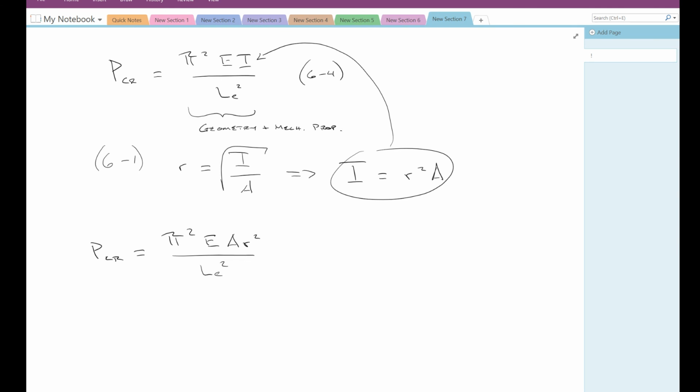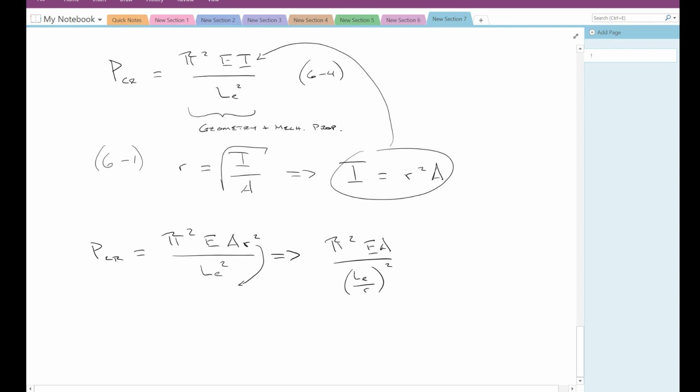So if I rewrite this even further and I take this r squared and drop it all the way down to the bottom, I can say pi squared modulus of elasticity E times area over the quantity effective length over radius of gyration, squared.